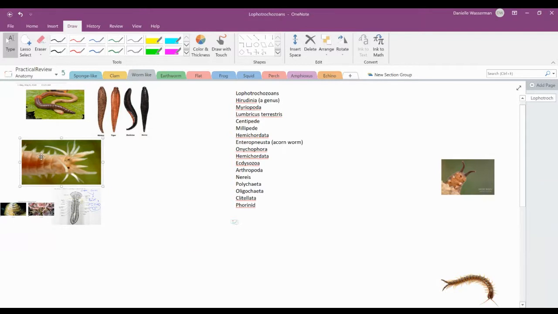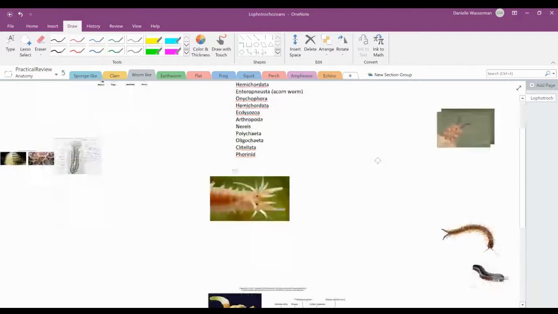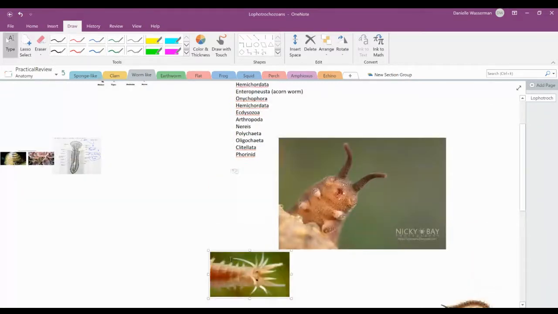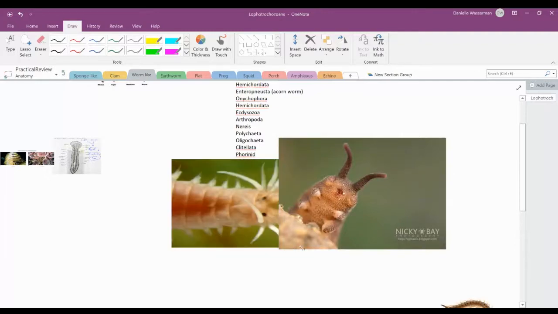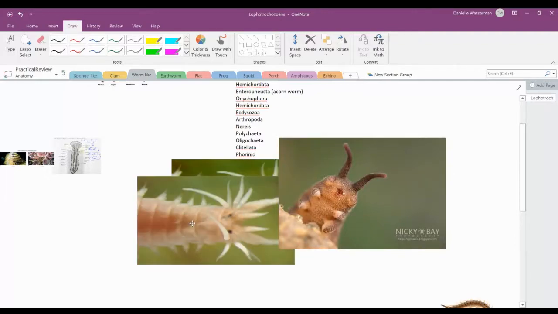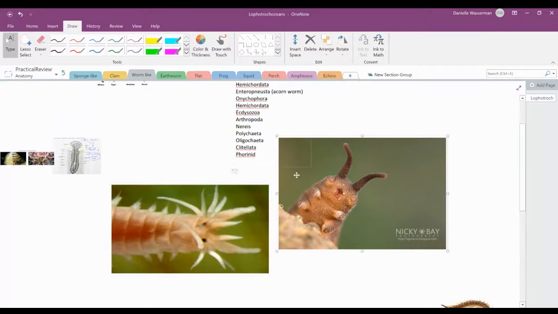And I want to do one thing right here, so I think it's important, because these are radically different. This velvet worm is an ecdysozoan. This is an annelid and a lophotrochozoan.